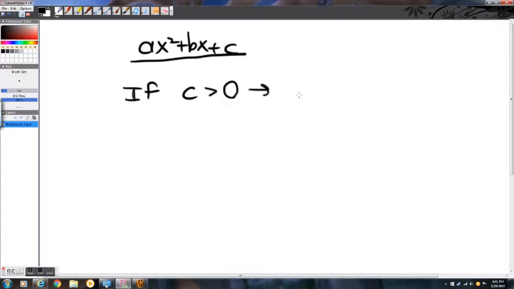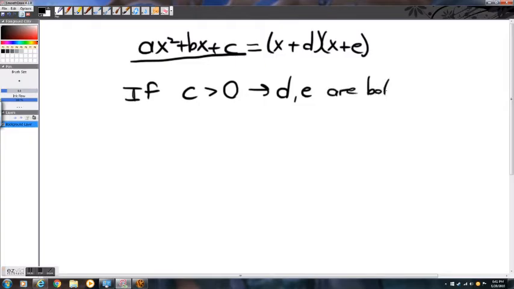If c is greater than 0, and we factor it into x plus d times x plus e, then d and e are both positive or both negative.